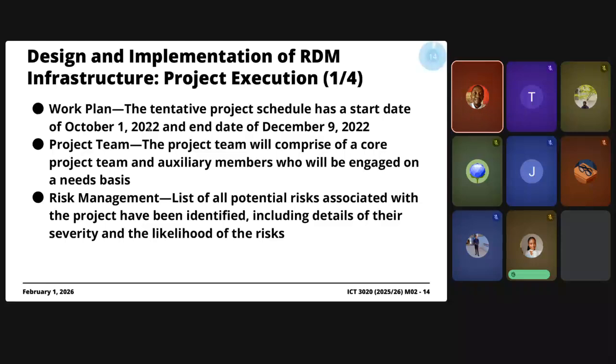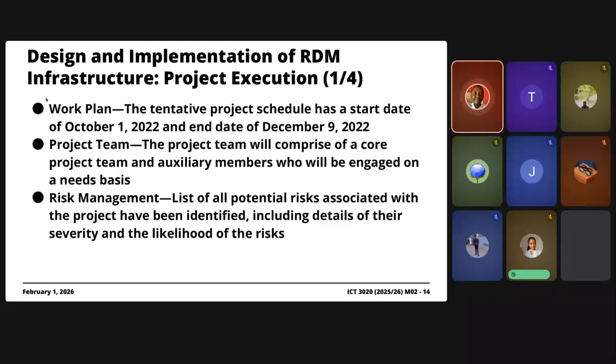If you notice, the actual plan itself included the detailed timeline, the details of the individuals that are going to work on the project, and potential risks associated with the project. Right, all of these are used as input to plan for the project itself.